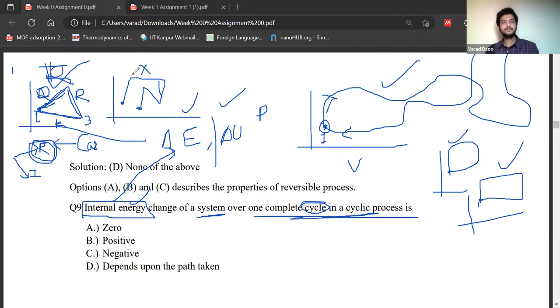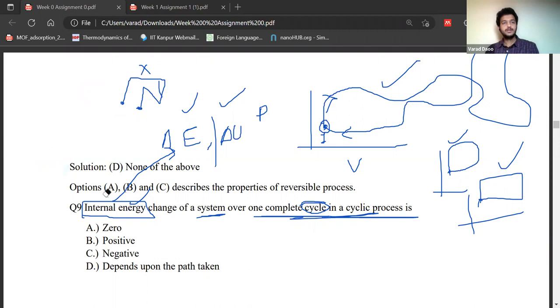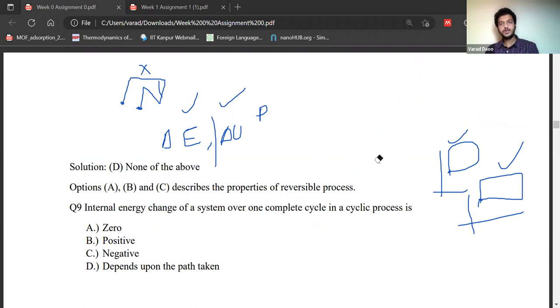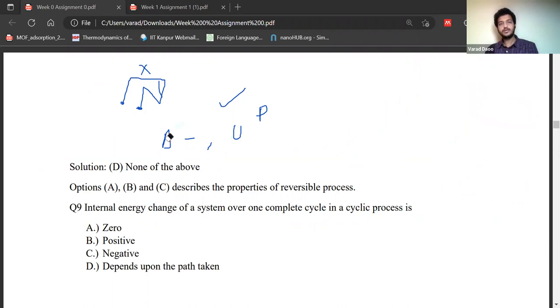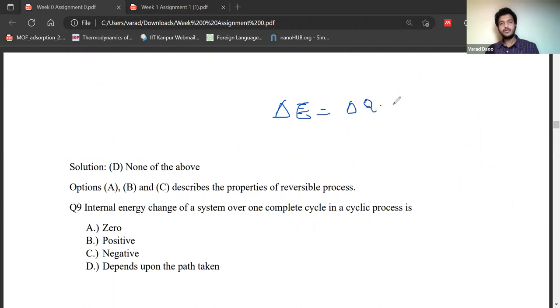Okay, so now let us go back to the question. The question is the internal energy change of a cycle over one complete cyclic process. Here comes the first law: delta E is equal to delta Q plus minus delta W, depending on what convention you are using.